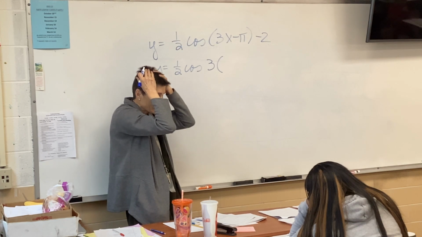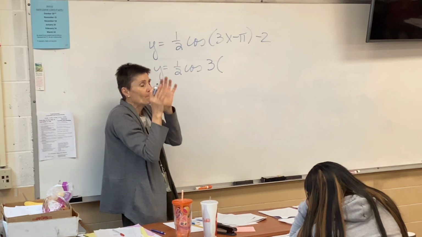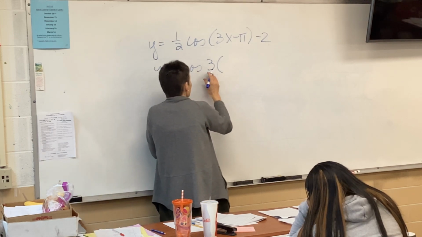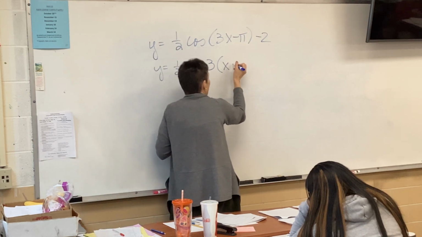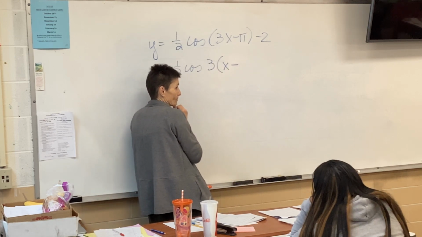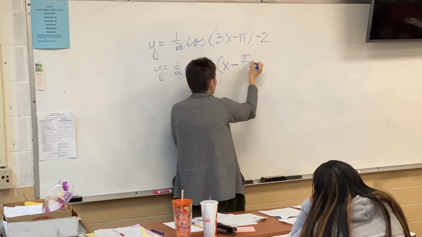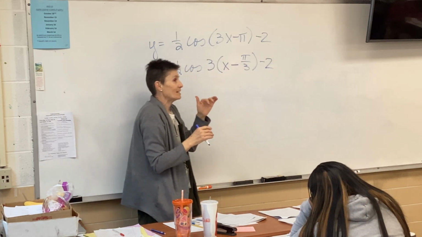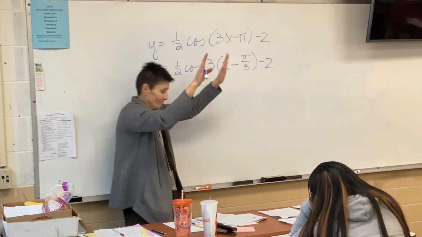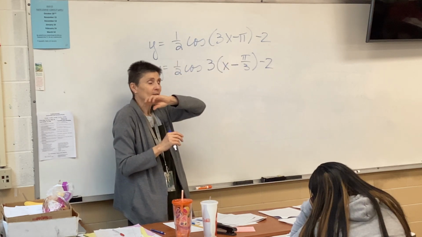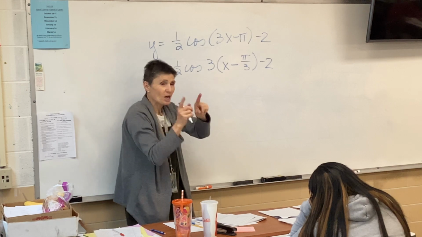Now, we are big kids. We can handle this. If I pull out the 3, I'm going to be left with x minus what? Pi over 3. Somebody said it. Even if you don't get it, folks, check it.